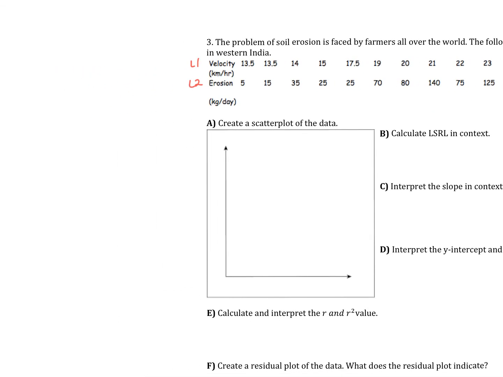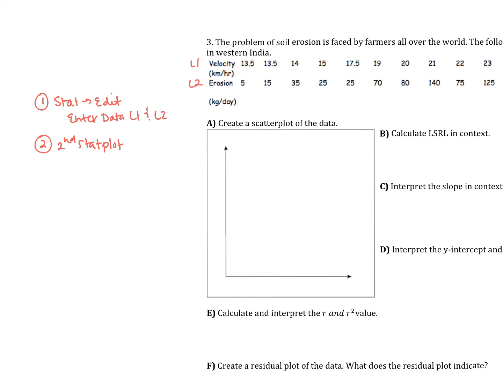And then you are going to want to follow the following instructions. If you know how to do this on your calculator, skip ahead. You're going to do stat edit, and you're going to enter the data into list 1 and 2. That's the first step. The second step is you're going to hit second stat plot.